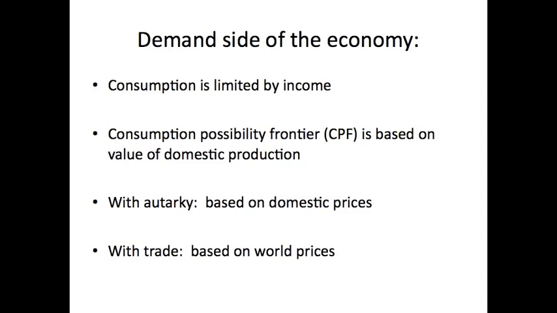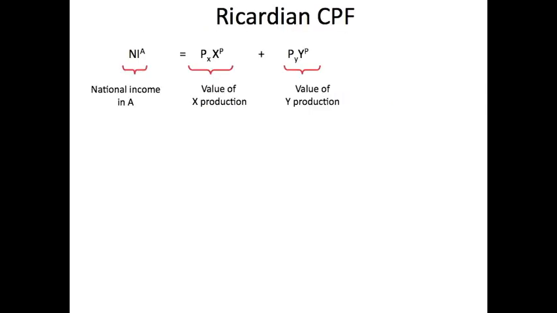So we can depict the consumption possibility frontier as related to national income, which is equal to the value of the goods that are produced, both X and Y in the economy. So that gives us the total amount of national income. And we can rearrange this in a way that's analogous to the Ricardian model employment line, which gave us the PPF.